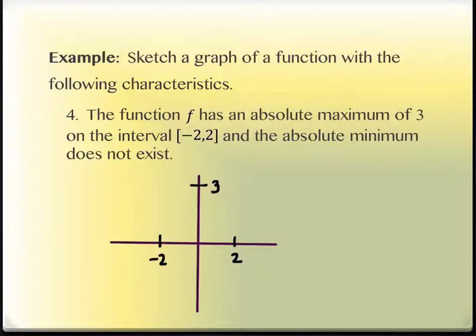Okay? So try something real quick. See if you can sketch a graph that has an absolute maximum of 3. That maximum occurs between negative 2 and 2. But the graph as a whole does not have an absolute minimum. Just try something. If it doesn't work out, you can always put a big old X over it and draw it again.